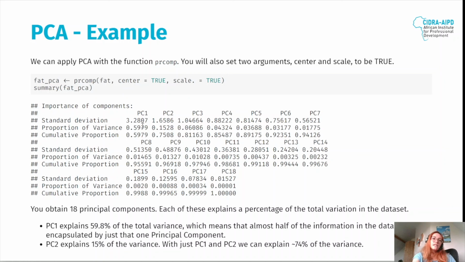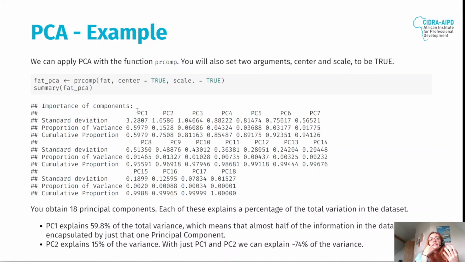You can see here that the first principal component explains 59.79% of the total variation of the data. So this means that a little bit more than half of the information that this data set has can be explained by just this first principal component.